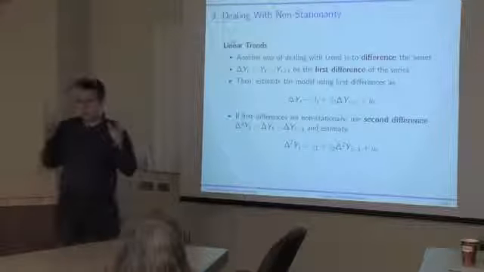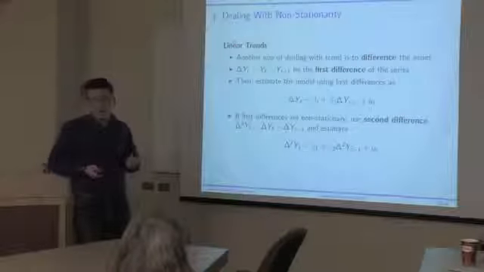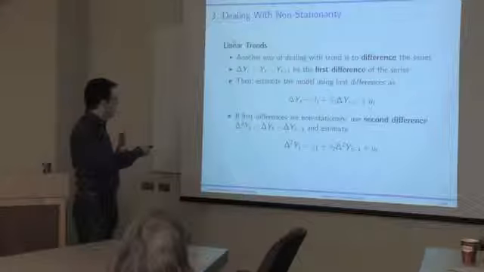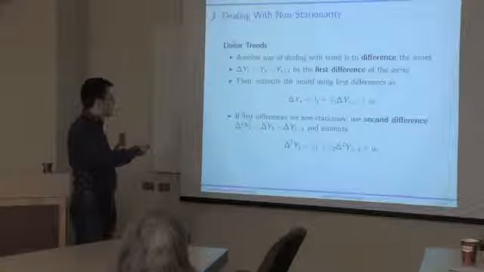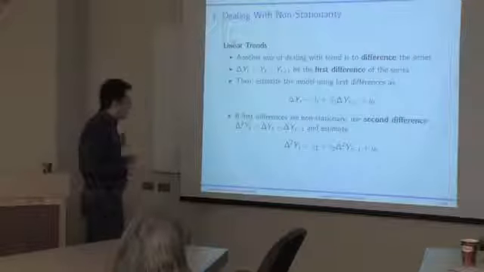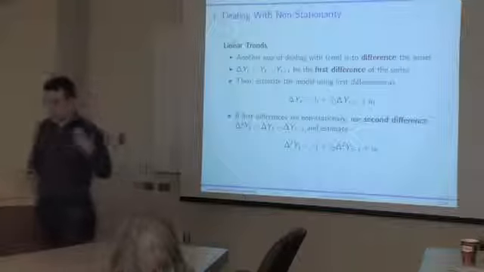That would be the first difference of this series. Then instead of estimating a model where we regress the series on the lag of itself, we can estimate the model in first difference form, regressing the difference of the series on the lag of the difference. And if you do that, in the case of the linear trend, this should do the job.